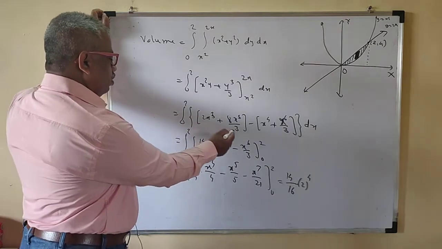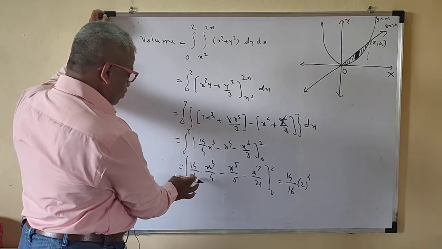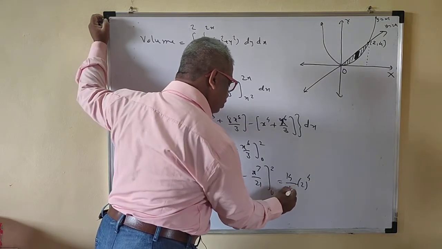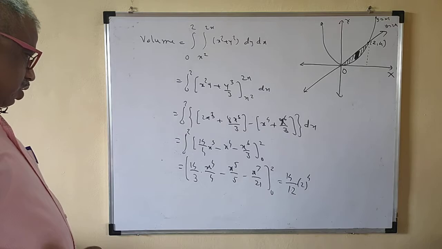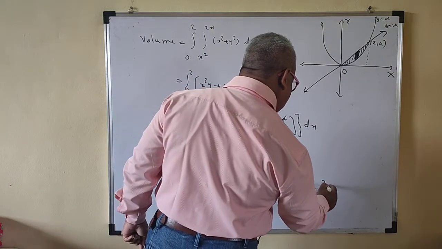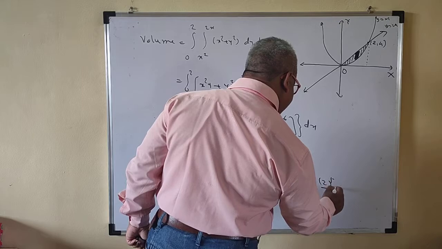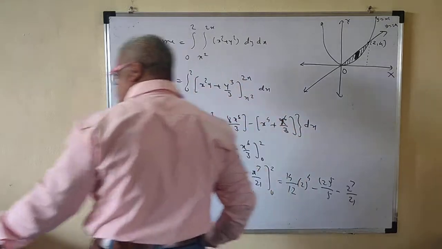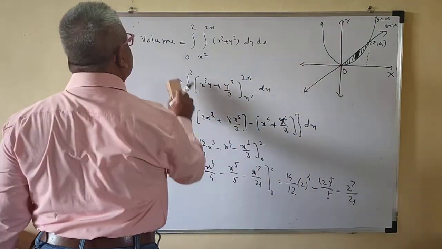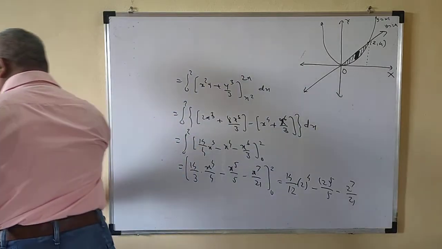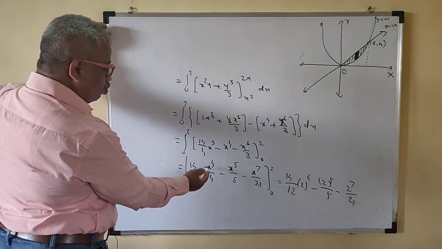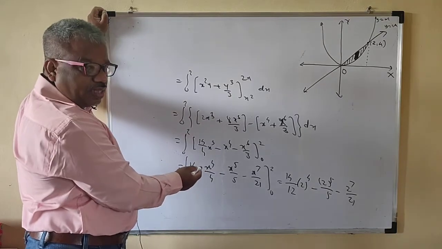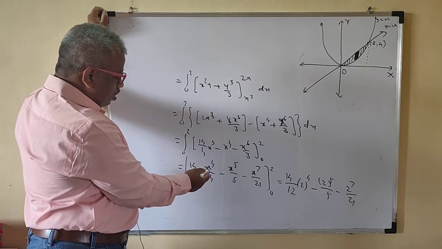This is 14 by 3, and the 4 cancels with 2 to the power 4 leaving 2 square, so this is 4, and 14 times 4 is 56.